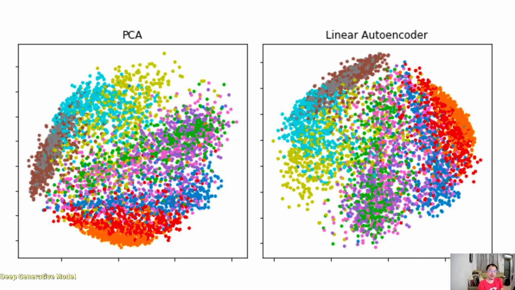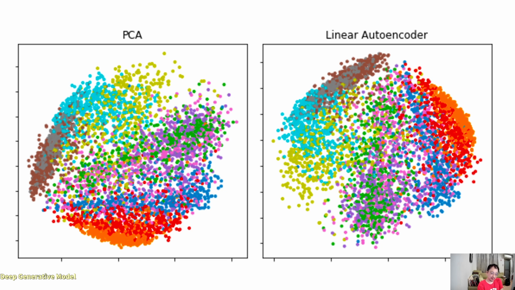If we consider the PCA and the linear autoencoder, although PCA, like we say, is a special kind of linear autoencoder, it has additional properties. But if you train the autoencoder properly, its behavior would be very close to PCA, because the neural net has to use the data space efficiently.